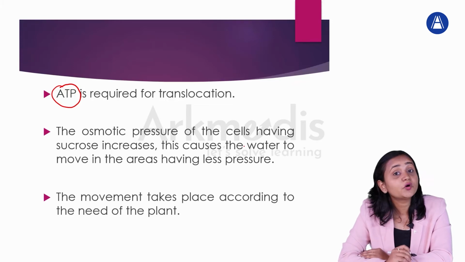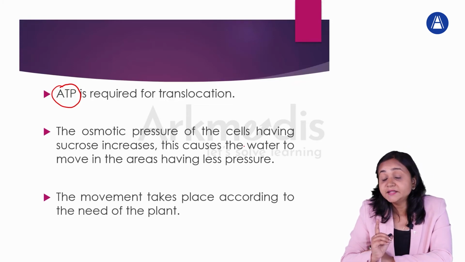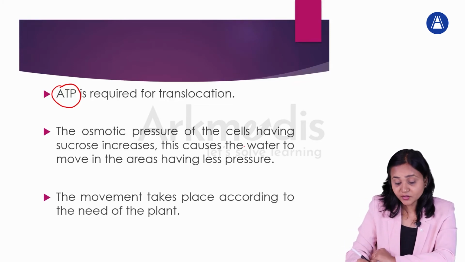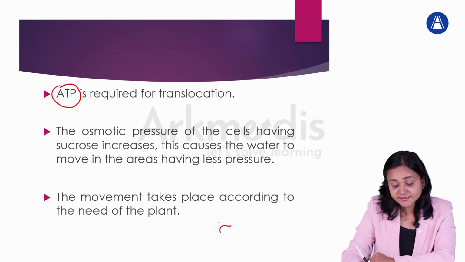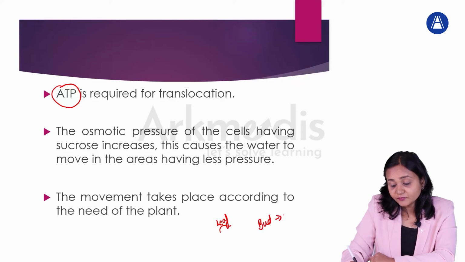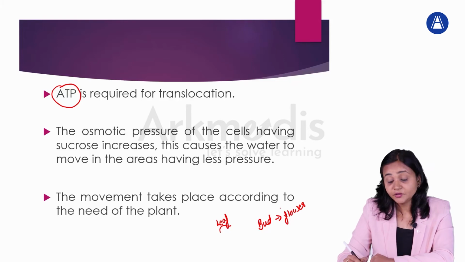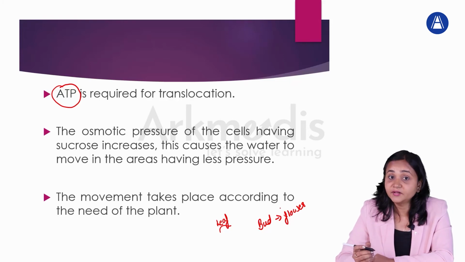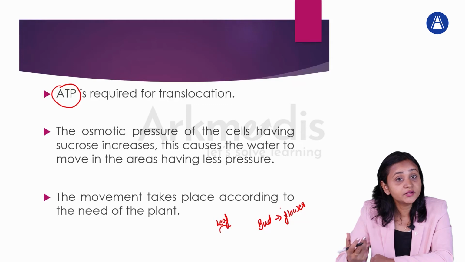Now, the movement also takes place according to the need of the plant. Suppose the food is synthesized inside the leaf and there is a bud which wants to grow into a flower. For the growing of the bud into the flower, energy and food are required.